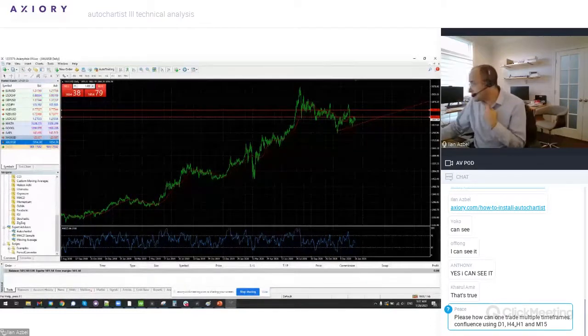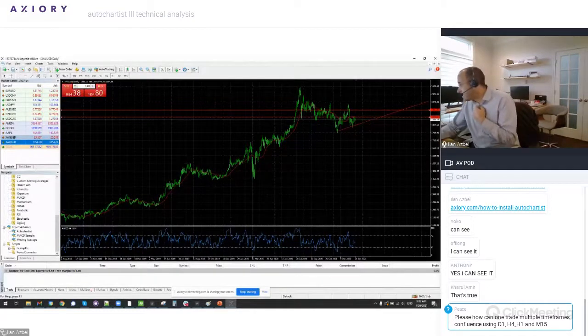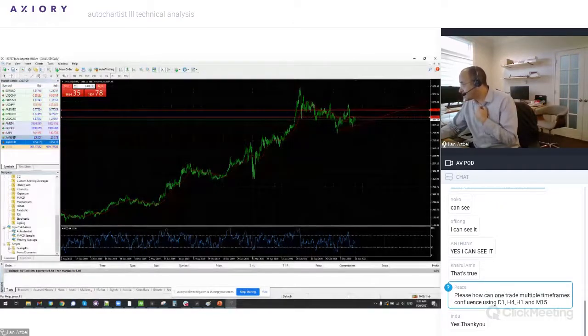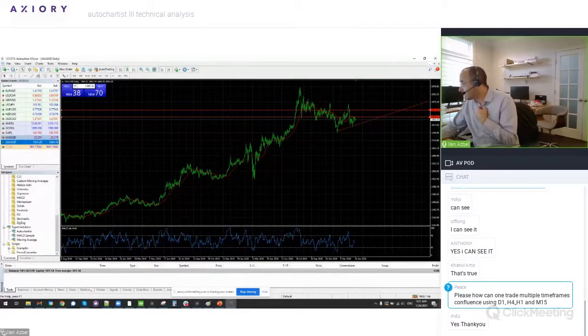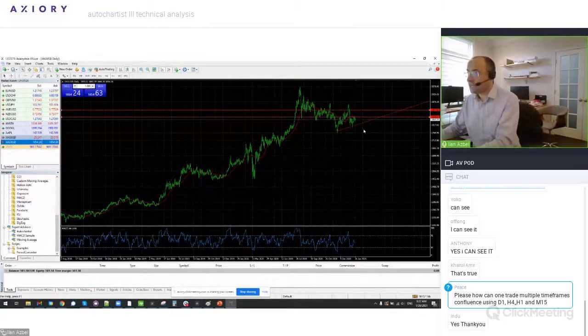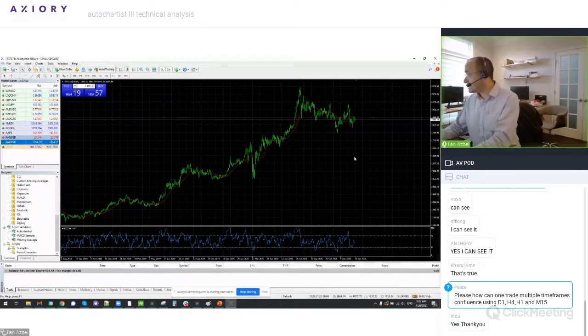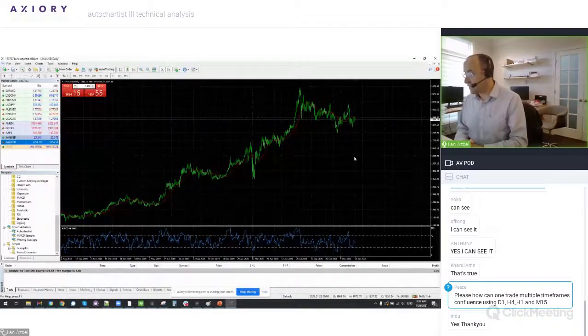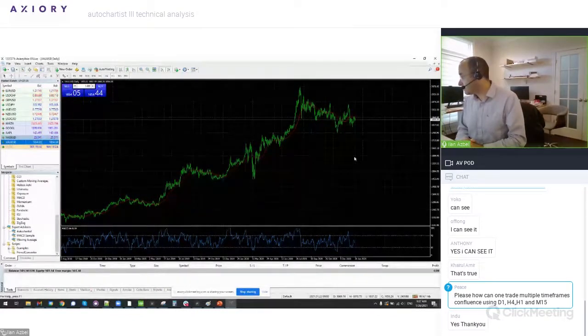Okay, Peace is asking me how one can trade multiple time frame confluence using D1, H4, H1, and M15. I've done a little bit with that. Peace, is there a specific instrument that you want me to have a look at?